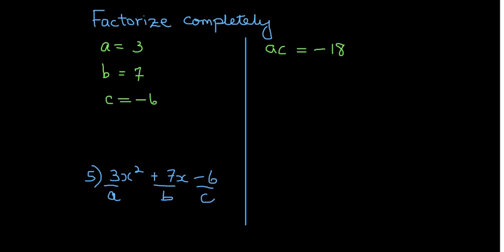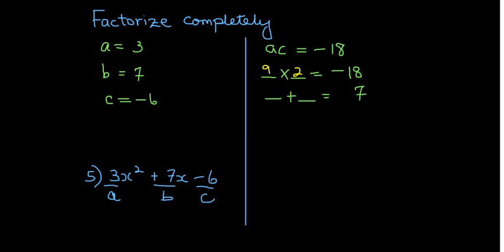Alright, so our favorite part, playing with numbers that have signs this time. We want to get a product of minus 18, but at the same time, if I were to add or take away, as the case may be, I need to get a positive 7. For those of us who remember factors of 18 quite readily, you might remember that you can use 9 and 2, and that will give us the 18.